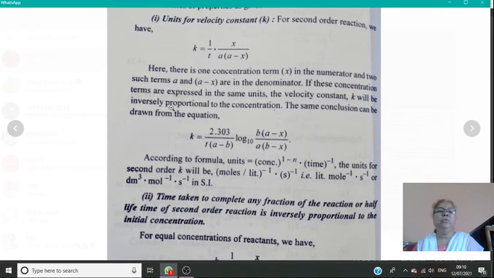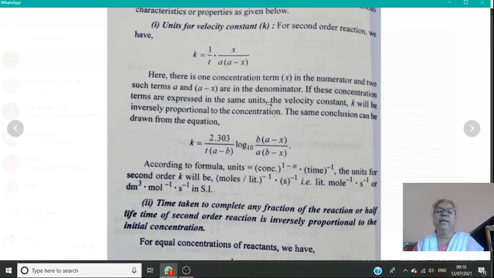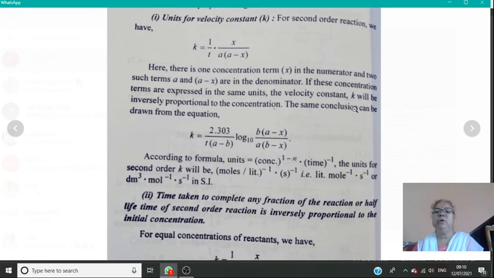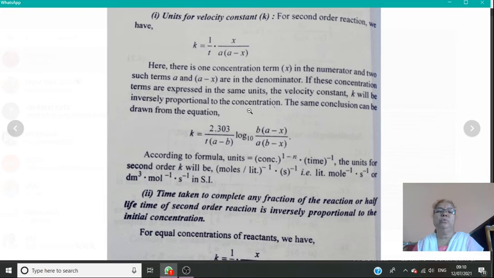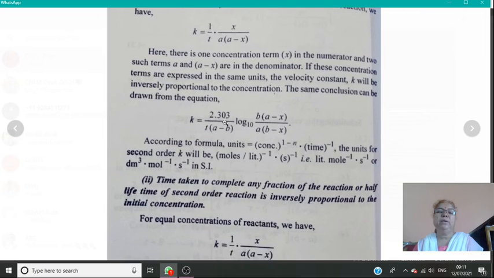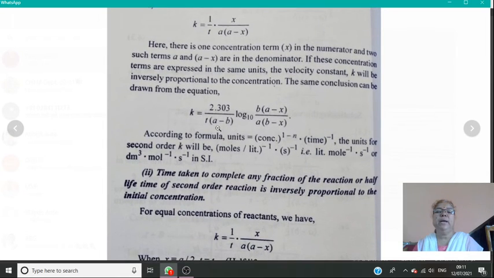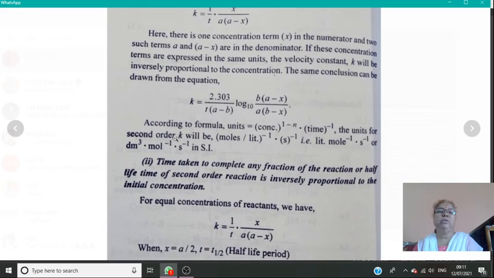If these concentration terms are expressed in the same units, the velocity constant k will be inversely proportional to the concentration. The same conclusion can be drawn from the equation. Here there is one concentration term and here there are two concentration terms.